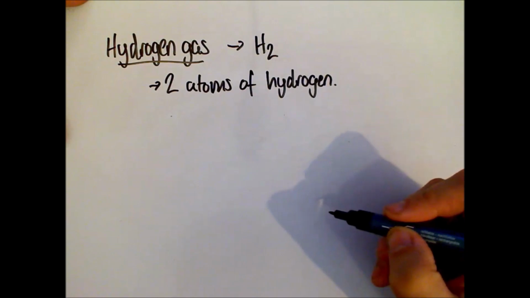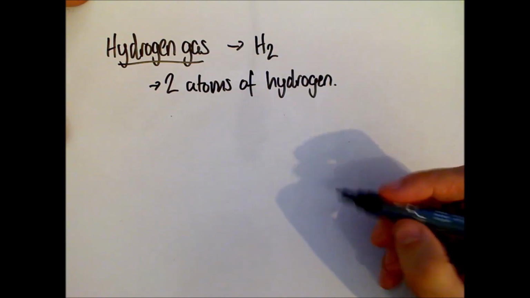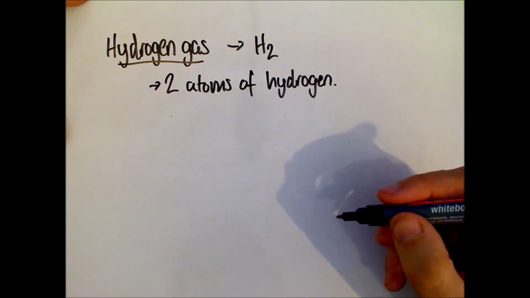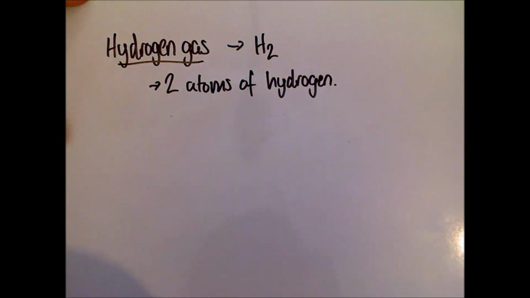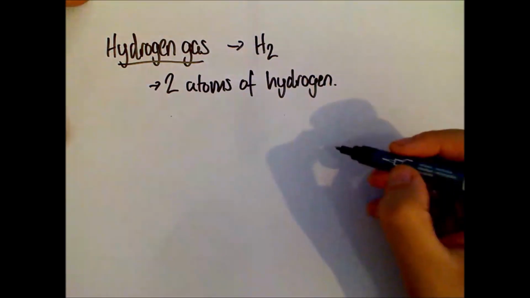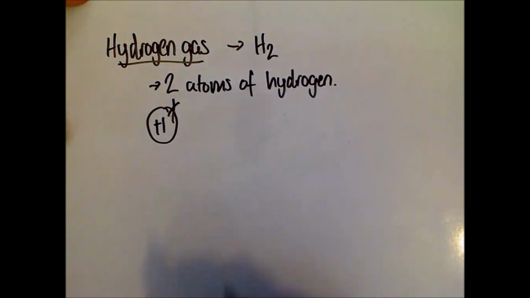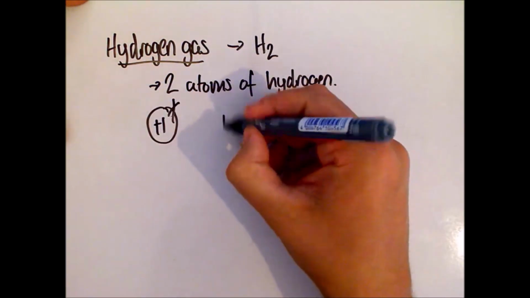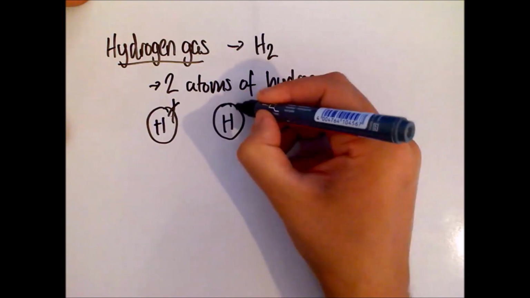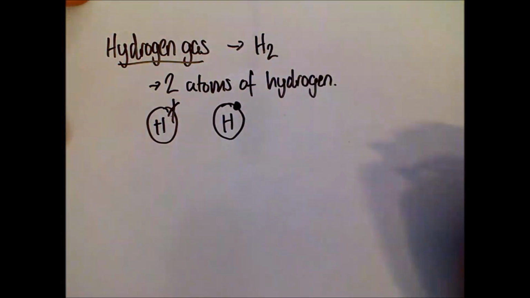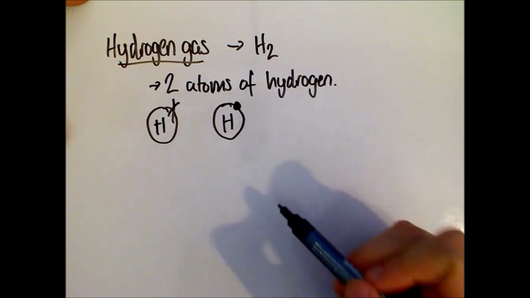So I can use the periodic table and do as we've been doing before, so I can find out how to draw it. Now hydrogen only has 1 proton and 1 electron, so it's nice and straightforward. But I need to draw 2 of them, so I've got 2 atoms. For the second one, I'm going to draw it with that circle, again just so we can show that the electrons are coming from different atoms.